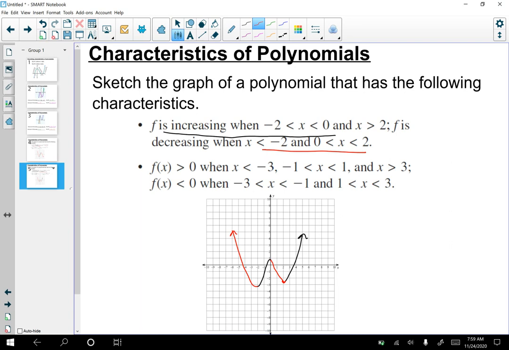Okay, now take a look. Where is f of x greater than 0? Whenever x is less than -3. So x less than -3. So here is where it should be above the x-axis. And then I'm going to erase that old line. Okay, so when x is less than -3, it turns greater than 0.